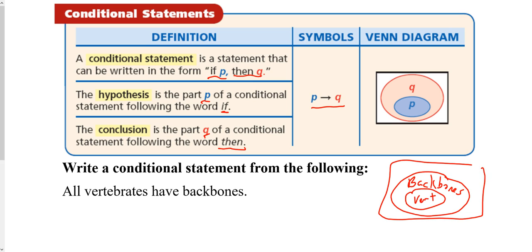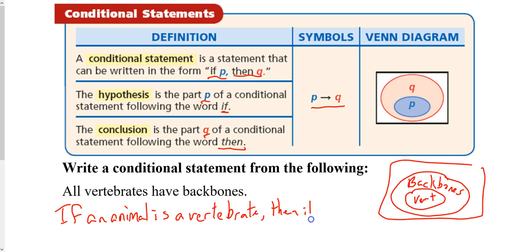So as an if-then statement, we would say if an animal is a vertebrate, then it has a backbone. So our hypothesis would be an animal is a vertebrate, and our conclusion would be it has a backbone.